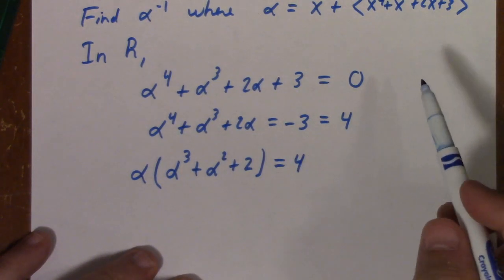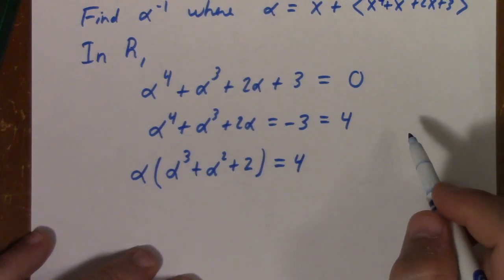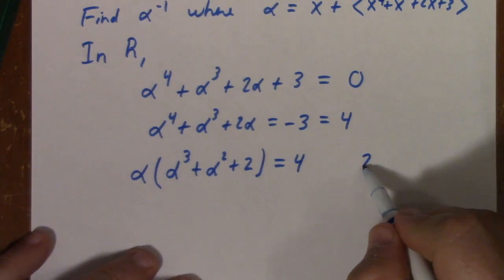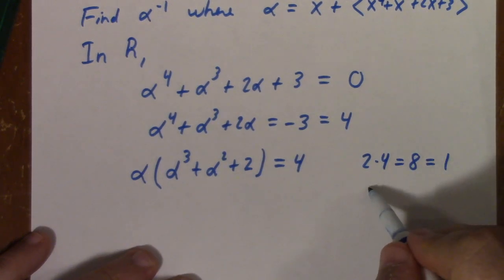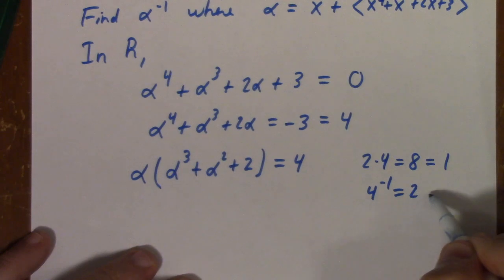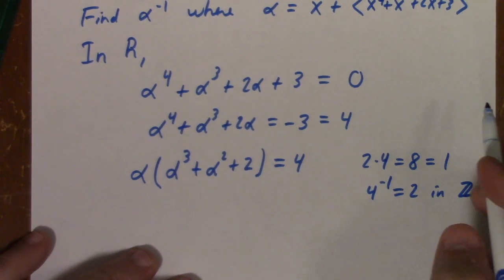All right, what's the multiplicative inverse of 4 in Z7? Let me think about it for a second. 2. 2 times 4 is equal to 8, which is equal to 1. So 4 inverse is equal to 2 in Z7. All right.